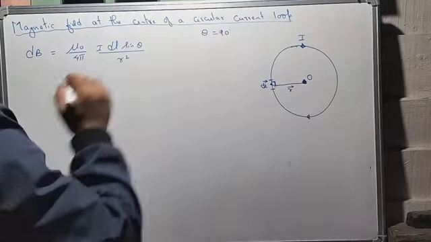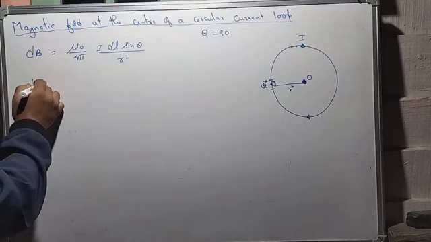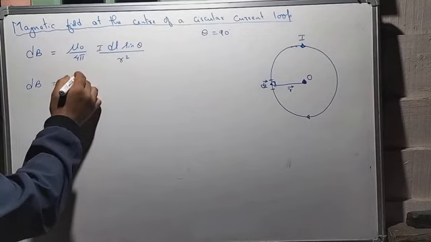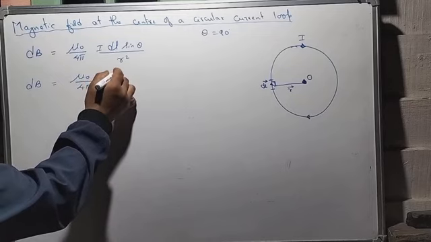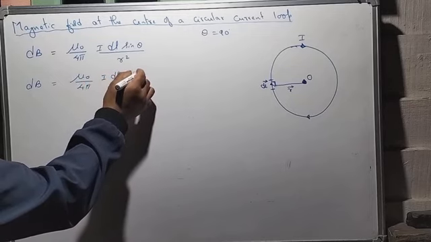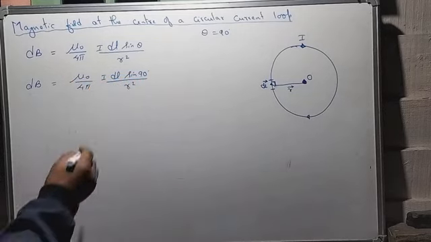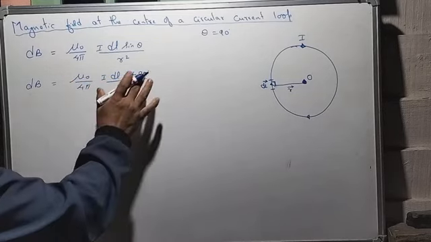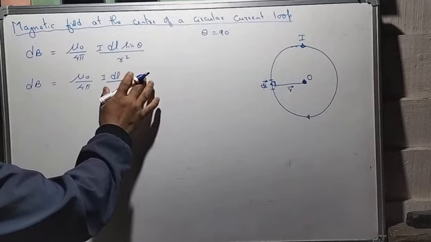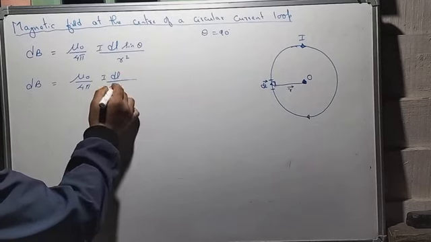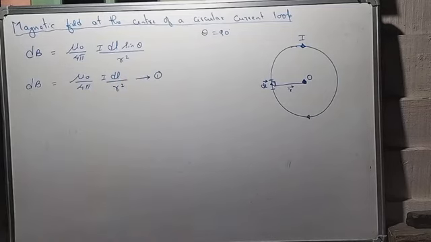But theta in this case is 90 degrees. So in place of theta, I will write sine 90 upon r square. But we know sine 90 degrees is 1. So 1 times Idl will be just equal to Idl. So this is my equation number 1.